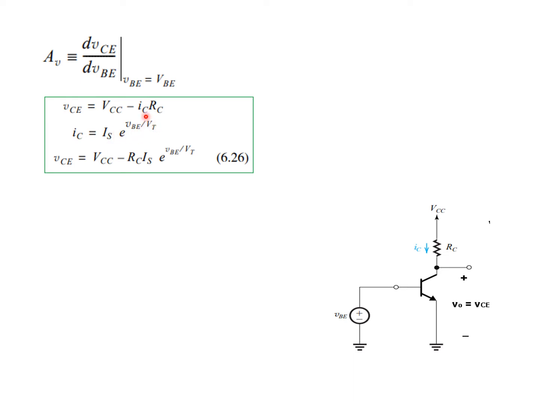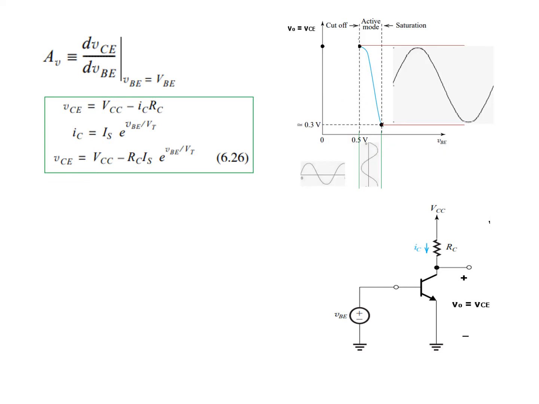And if you put this value here, then the equation for VCE will be as shown here. Now this part is not linear, and therefore we can say that VCE is not linear unless we operate in the small region. Unless we operate in the small region, we can get a linear output.